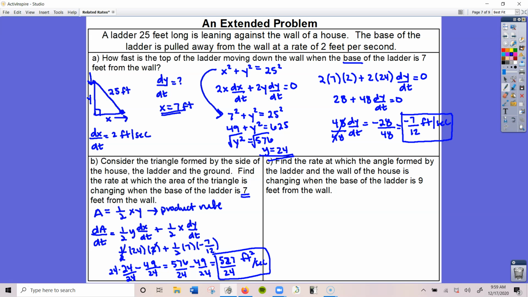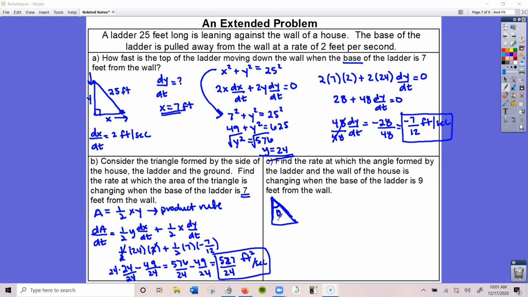Moving on to part C. Find the rate at which the angle formed by the ladder and the wall of the house is changing when the base of the ladder is 9 feet from the wall. So we're going to draw this triangle again, just so you can get an idea. This is the ladder, and this is the wall. So they're talking about this angle here.